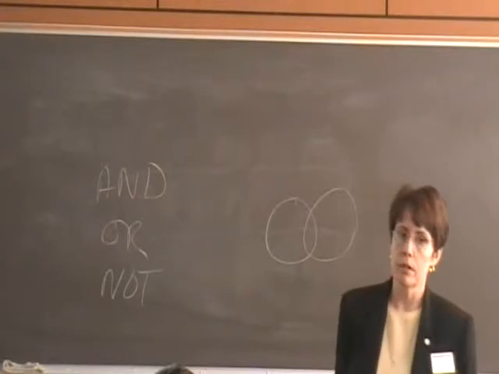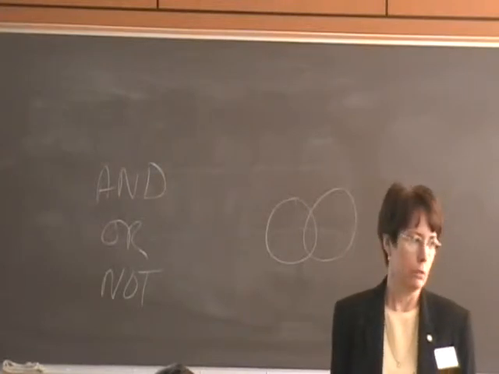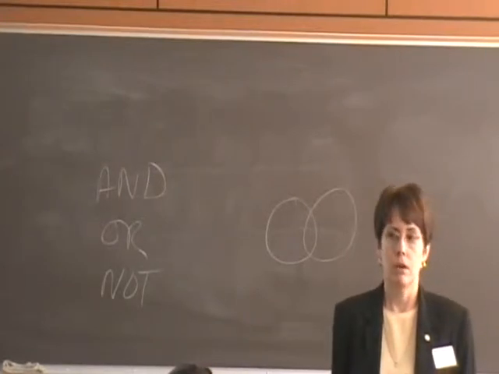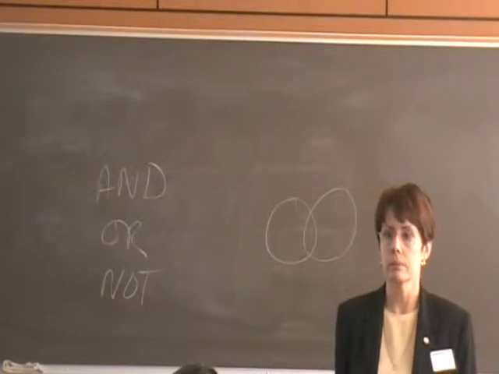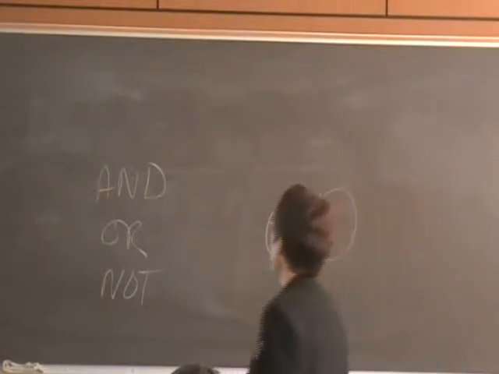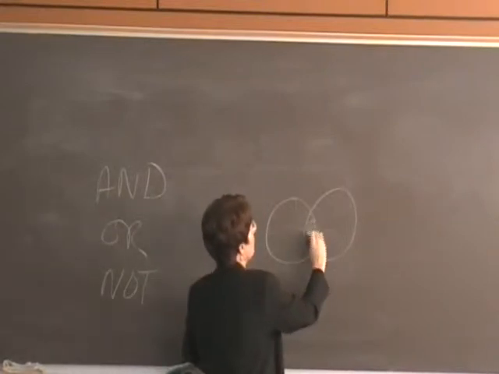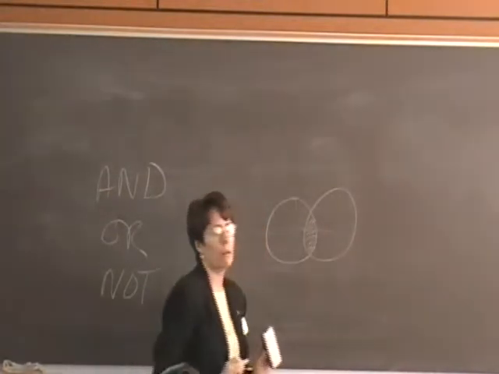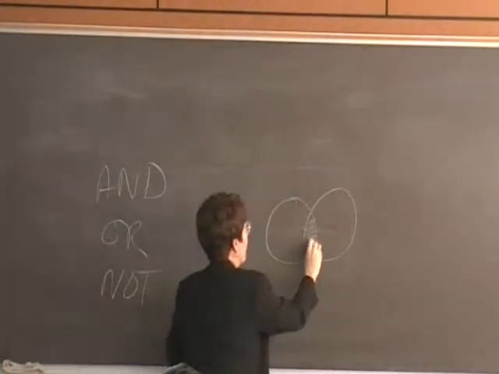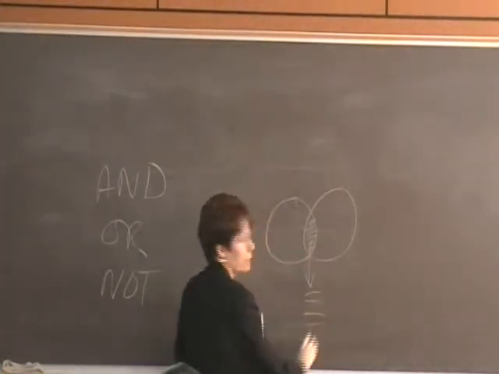Have you ever typed something into Google, used the word and, and got really crazy things? Well, this is why. The word and tells the computer to only find things that overlap. Just give me that stuff, and that's my result list.